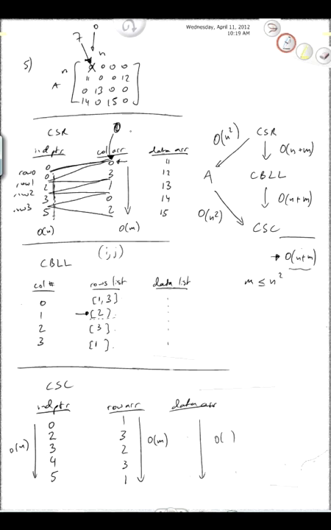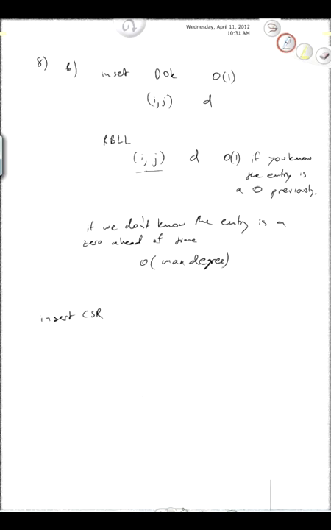And so copying that whole array is going to take me O of m time because that's how big the array is. So in total, I have to update index pointer, O of n, and I have to copy the data in column array, which takes me O of m. So together, inserting in CSR takes O of n plus m time.